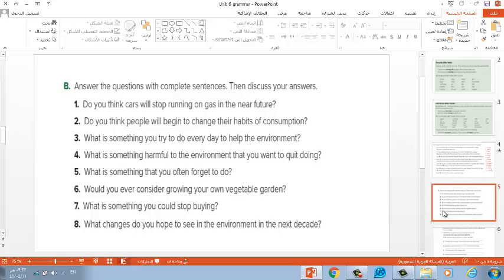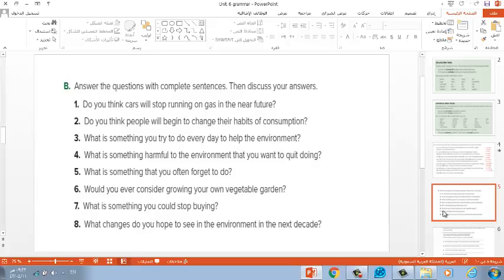But I believe there is a growing interest in the environment because the problems of pollution are growing and increasing everywhere. So maybe with wise decisions and wise planning, people will tend to be more rational and more wise as far as consumption habits are concerned.